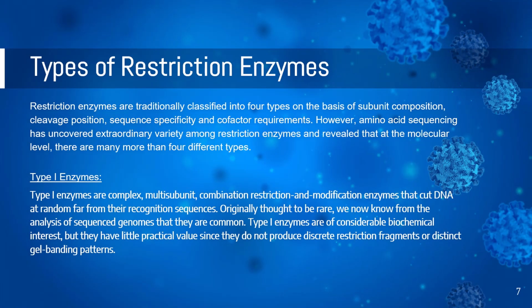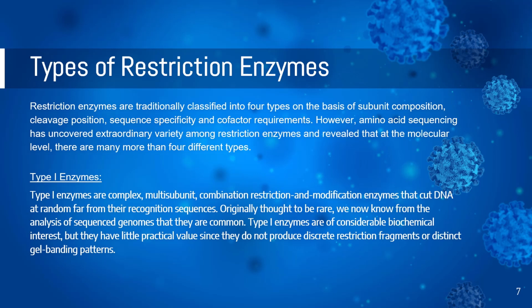Now, coming to types of restriction enzymes. Restriction enzymes are traditionally classified into four types on the basis of subunit composition, cleavage position, sequence specificity, and cofactor requirements. However, amino acid sequences have uncovered extraordinary variety among restriction enzymes and revealed that at the molecular level there are many more than four different types.